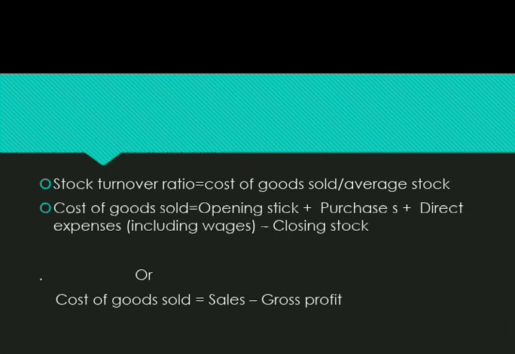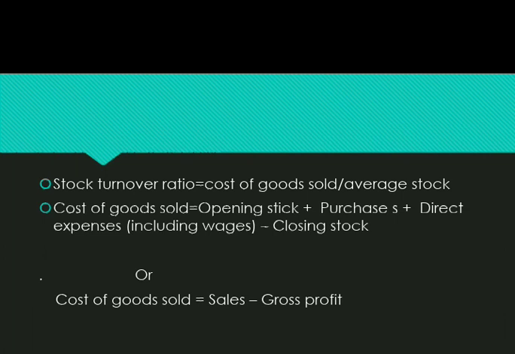The cost of goods sold is calculated as opening stock plus purchases plus direct expenses including wages minus closing stock. This formula we already studied in the previous classes. We get the cost of goods sold by adding opening stock, purchases, and direct expenses, and by deducting closing stock from these items.